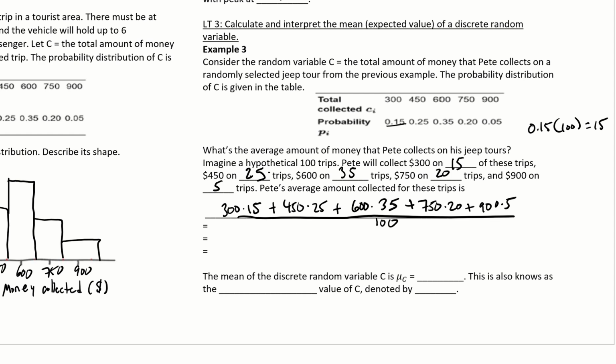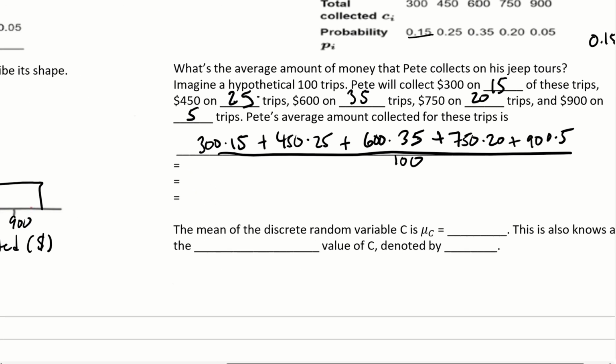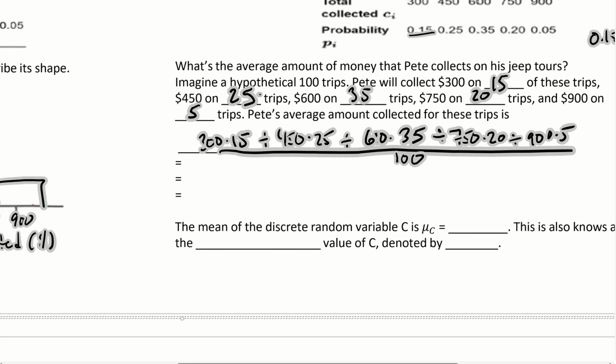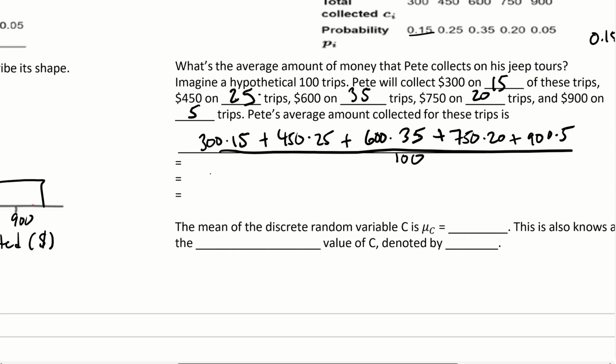And so another way of looking at this, and again, this is where I got to make this super small, apologize, is we can look at it as 300 times 15 over 100, because we could distribute the 100 to each of these numbers, right? 15 out of 100, 25 out of 100. That's exactly what I'm going to do.